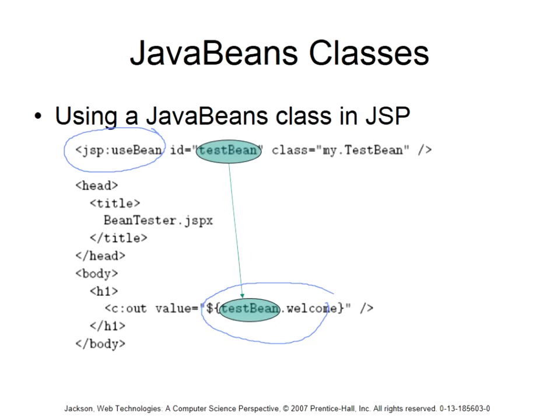Here also, when I write testbean.welcome, I have to write welcome with a small w. Let's suppose that I write AValue. Here I have to write testbean.AValue with capital A, capital V.